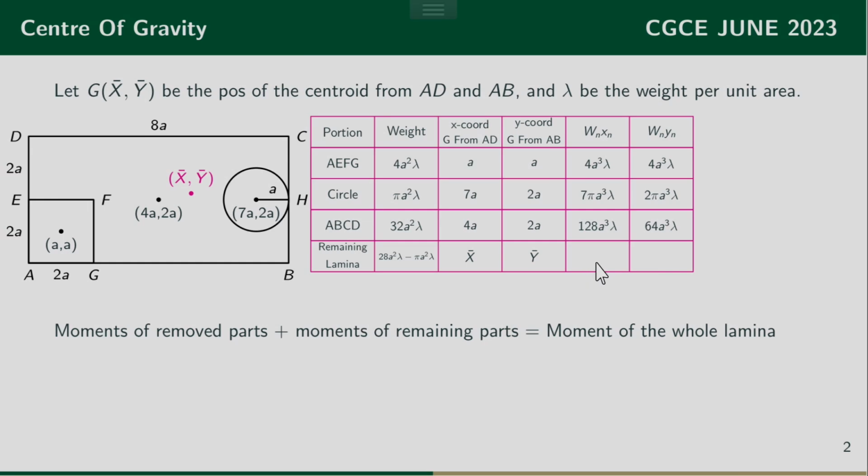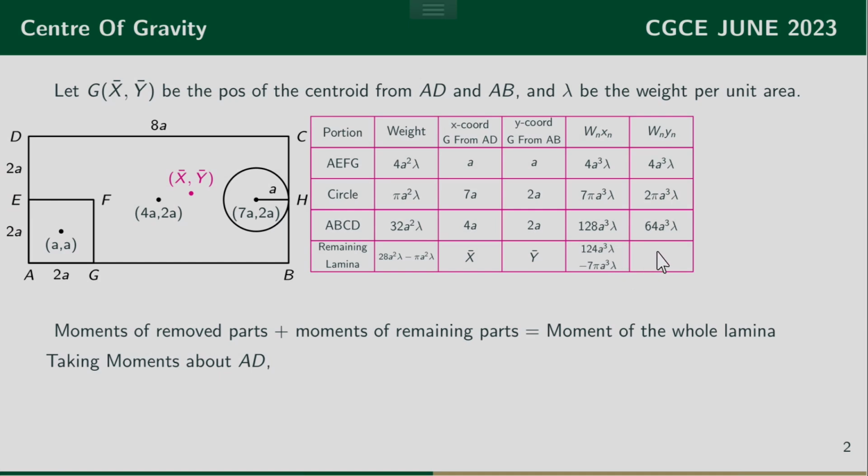So to have the moment of the remaining part here, I will need to subtract the moment of the removed part, that is the moment of the square and the circle, from the moment of the whole shape. So doing the subtraction, I'm left with 124a cubed lambda minus 7 pi a cubed lambda.